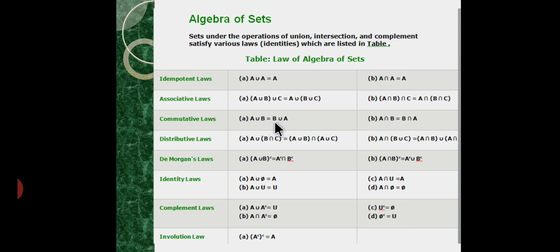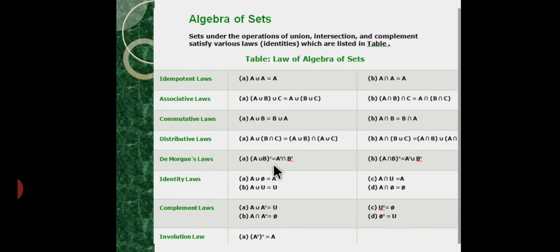A union B is equal to B union A. A intersection B is equal to B intersection A. Distributive laws. A union (B intersection C) is equal to (A union B) intersection (A union C). A intersection (B union C) is equal to (A intersection B) union (A intersection C).